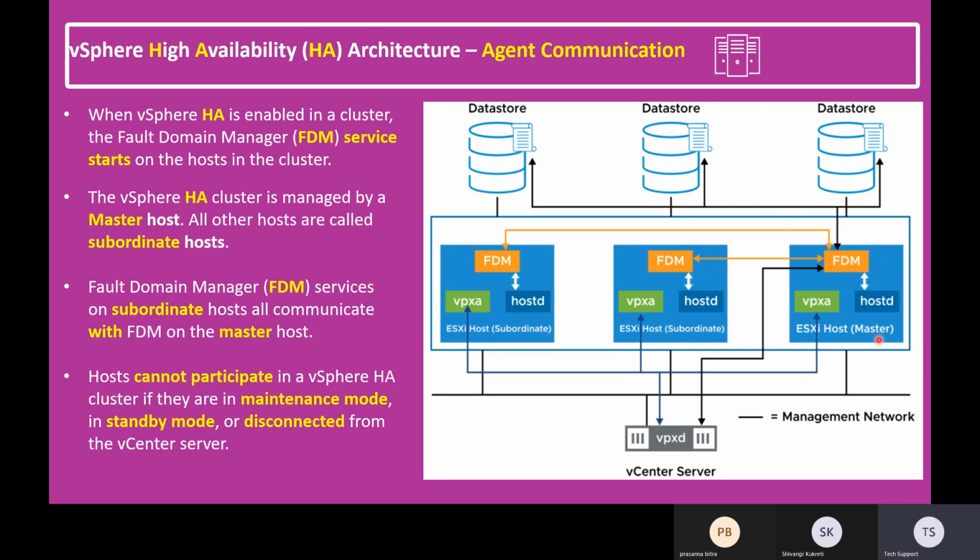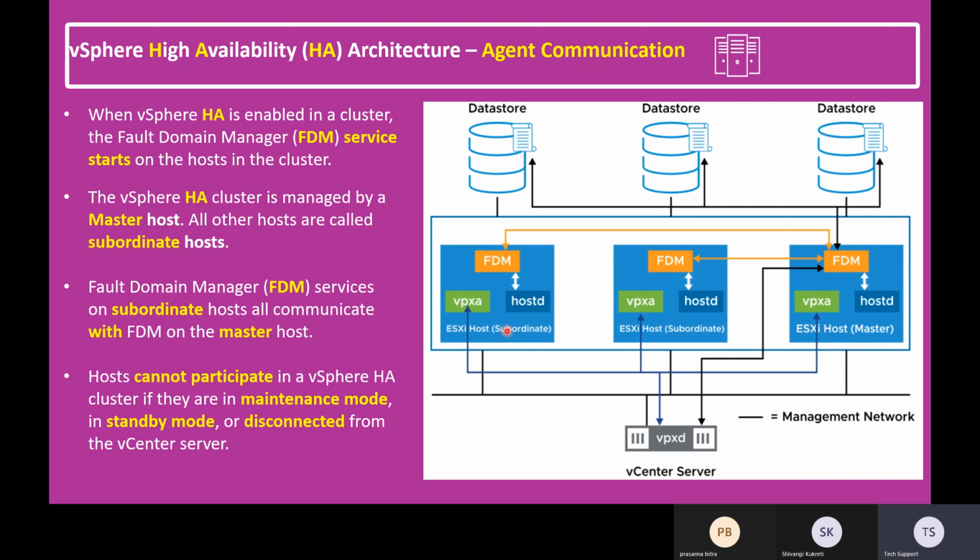Okay. Sometimes we call it either the master host or the primary host. It will automatically make one a primary host, and the remaining hosts we consider as secondary hosts or slave hosts, because VMware keeps changing the versions from 6 series to 6.5, 6.7, and now 7. We have 7 Update 1, Update 2, and Update 3.